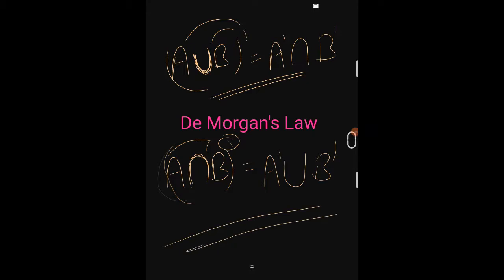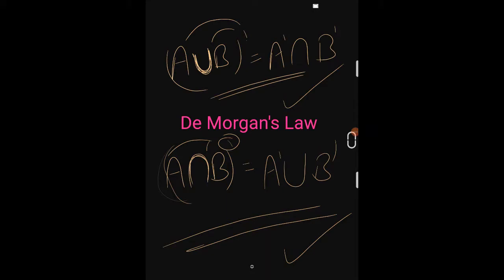So this is the second law. A intersection B the whole complement is equal to A complement union B complement. Now I proved you the first one by Venn diagram. This one I want you to prove by Venn diagrams and submit it to me in the assignment. I'll include that question in the assignment.